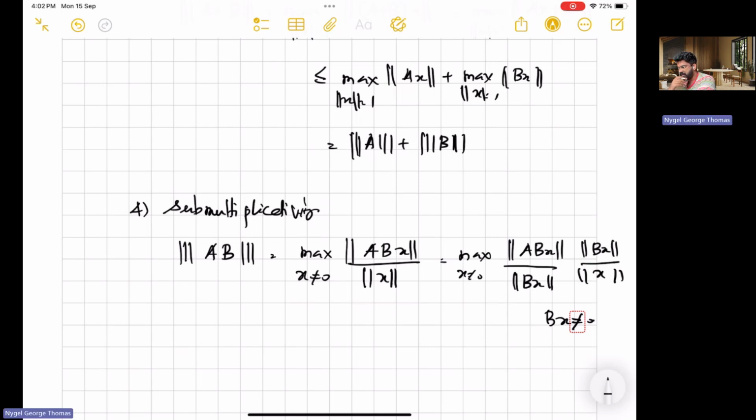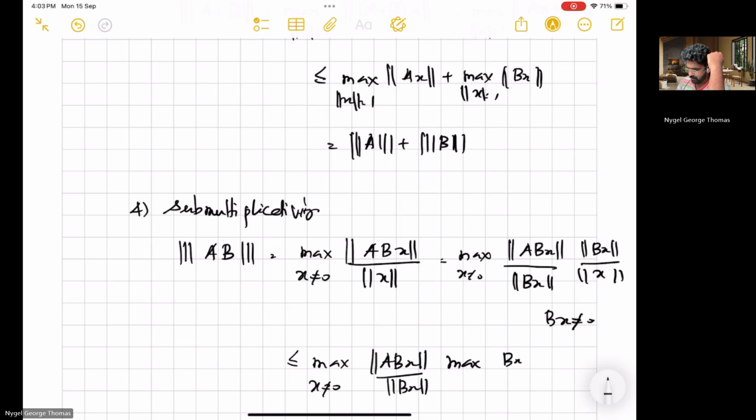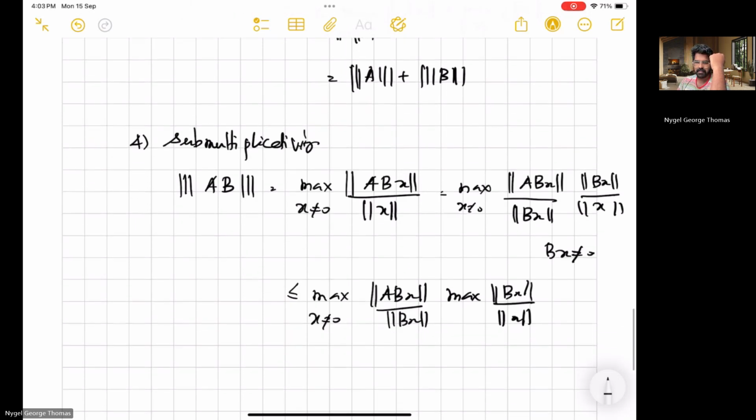So this is max of product of two numbers. This is in fact less than or equal to... this is in fact equal to, Bx is actually another vector y, and x is, so we can actually replace this, which is max.